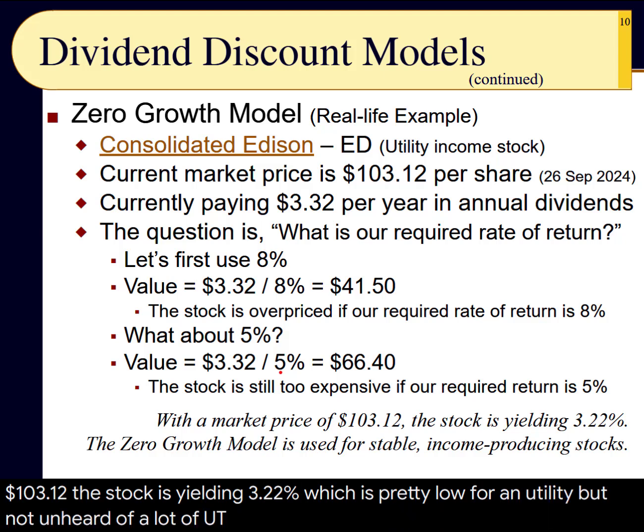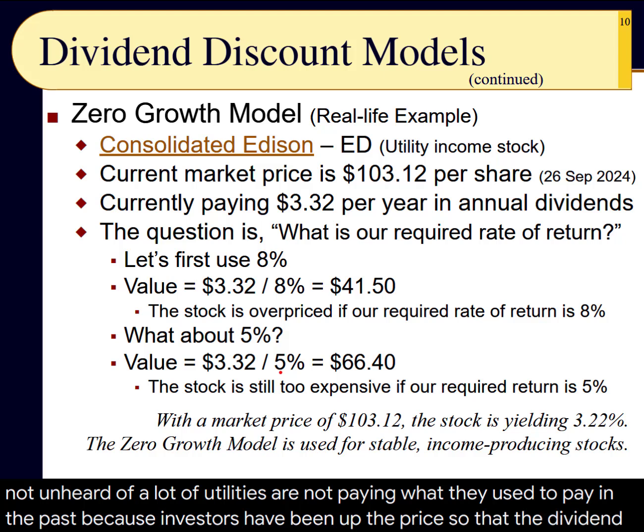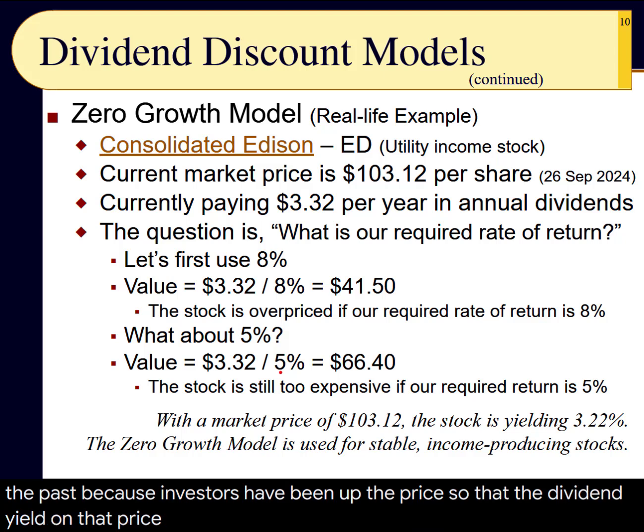A lot of utilities are not paying what they used to pay in the past because investors have bid up the price so that the dividend yield on that price is less. The zero growth model is used for stable income producing stocks.